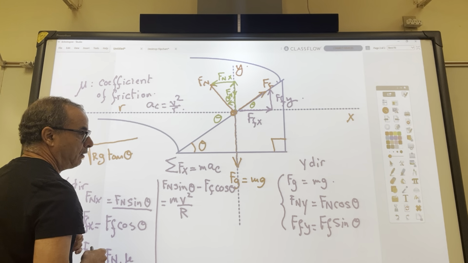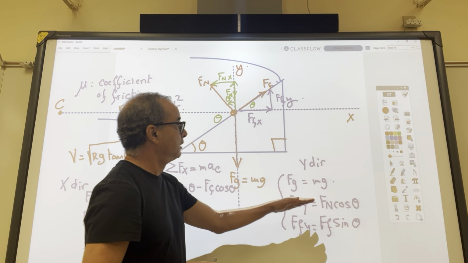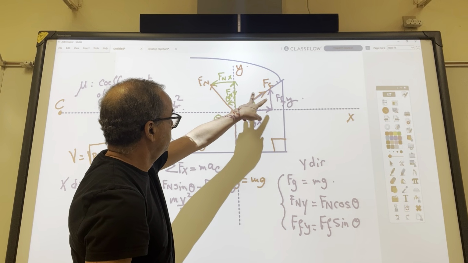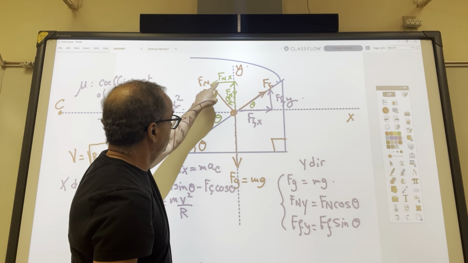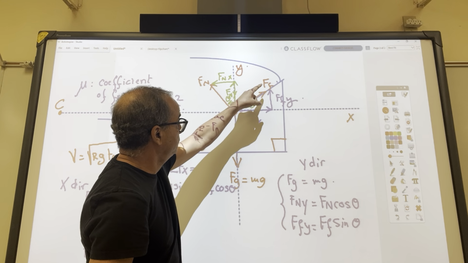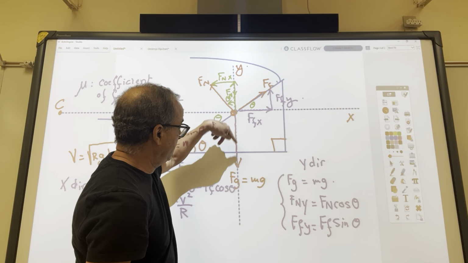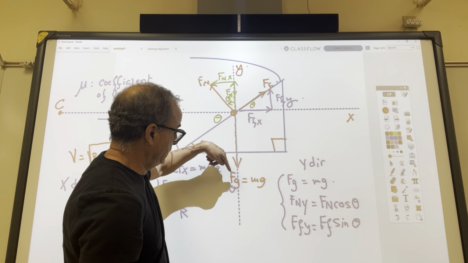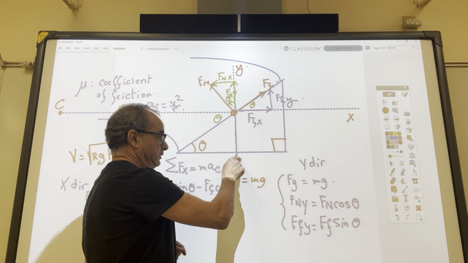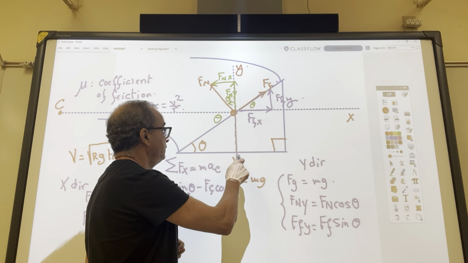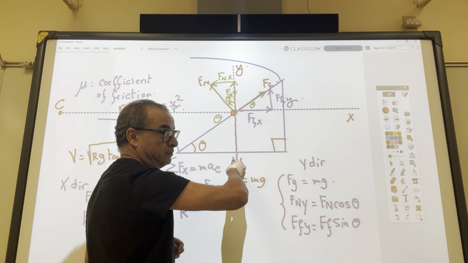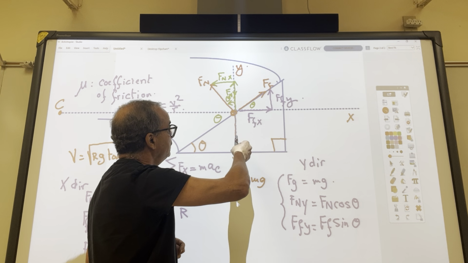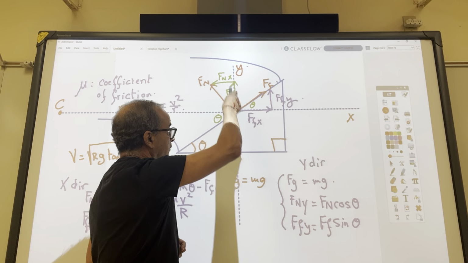Now on the y direction, the y component of the normal force and the y component of the friction, those two forces have to balance out the force of gravity, because there is no acceleration in the y direction. The car does not accelerate up and down.